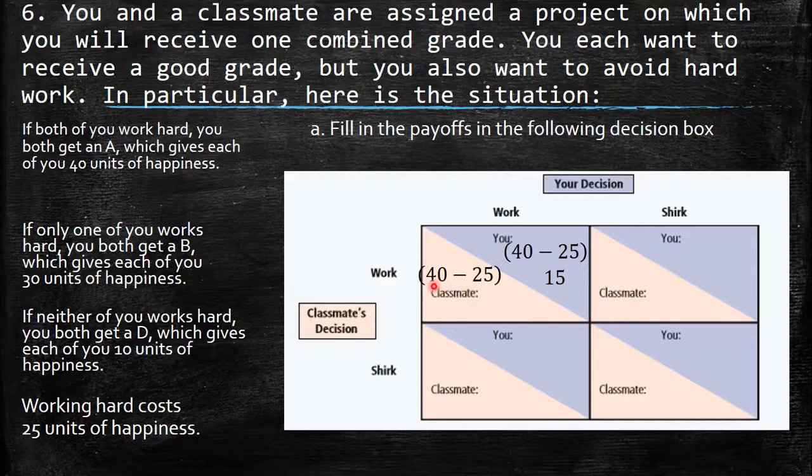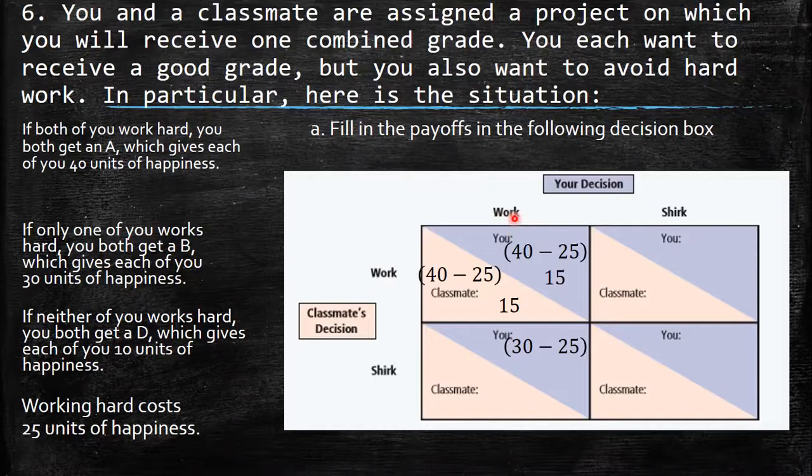Then this should be the same situation for the other one, which is going to be 40, the payment for an A, and then minus the cost of 25. Then at the end, this guy will have 15, and the other one 15 as well. Then this one, you still work, right? Remember, those are your payments, because this is your decision. This is your strategy, work or shirk.